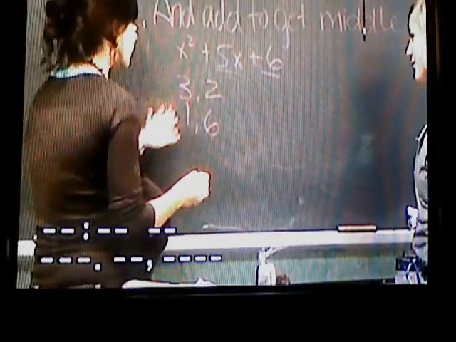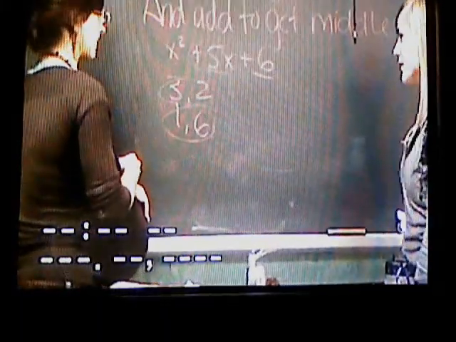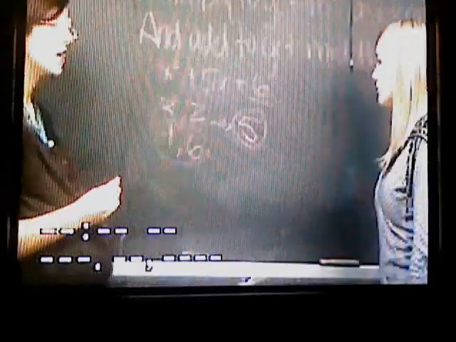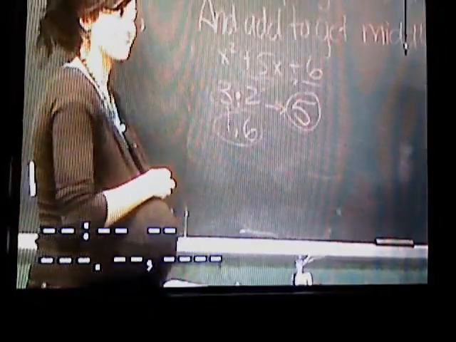Well, which one of these will add together to give you positive 5? 3 and 2. So this shows that 3 times 2 equals 6, but also adds to give you the middle number.